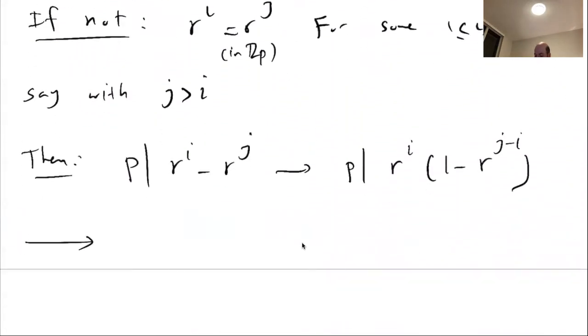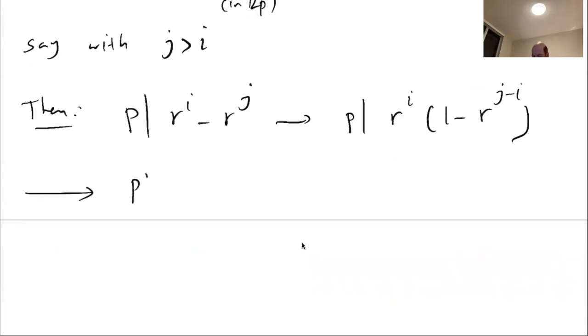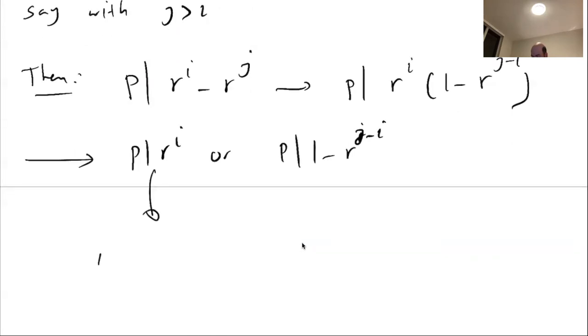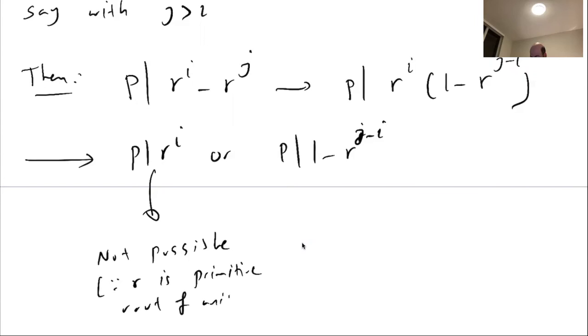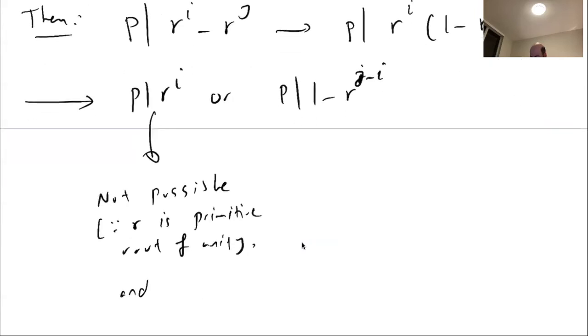So if r is not 0, that means r is not divisible by p. So this means p divides r to power i, or p divides 1 minus r to power j minus i. But this is not possible because r is primitive root of unity, and hence r is not equal to 0 in Z_p.